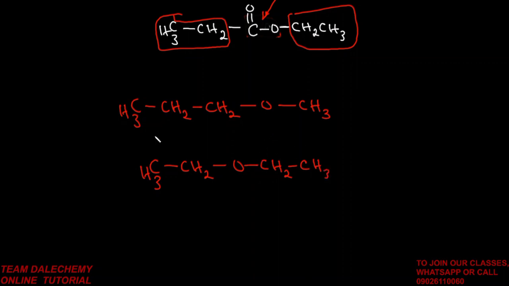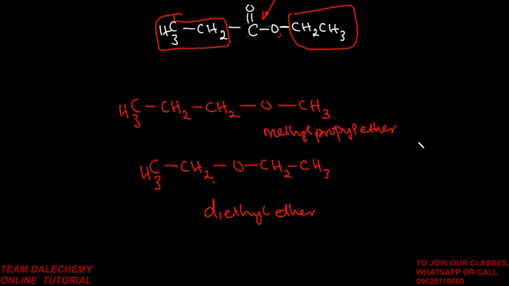Because this is methyl propyl ether, or which one comes first? It's supposed to be alphabetical, but this is diethyl ether. But this one is just methyl propyl ether. So the two of them are metamers. So that's just what we call metamers.